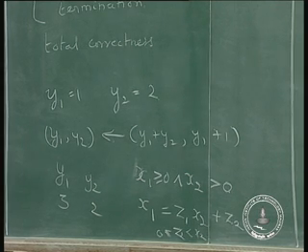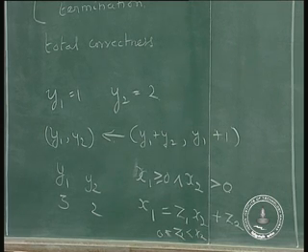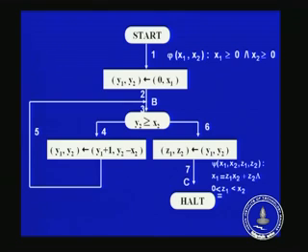Now, first we are considering partial correctness. When you consider partial correctness, even if you take x2 greater than or equal to 0, it is okay. Only for proving termination you require it to be greater than 0. So, let us first prove partial correctness, then we shall prove termination, and then because we prove both the parts, we will be proving total correctness.